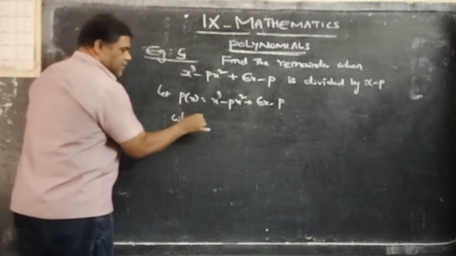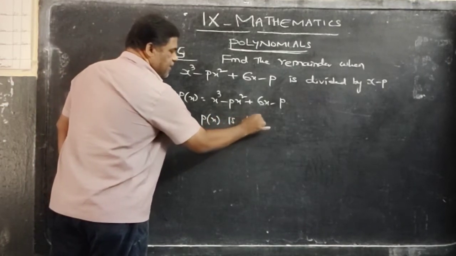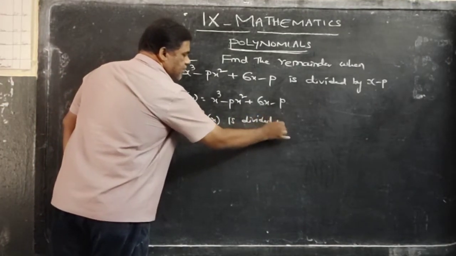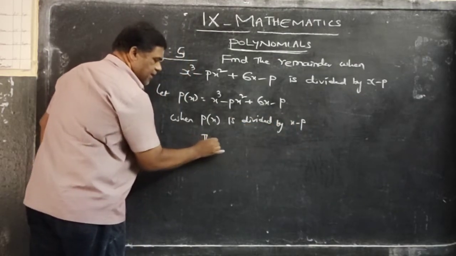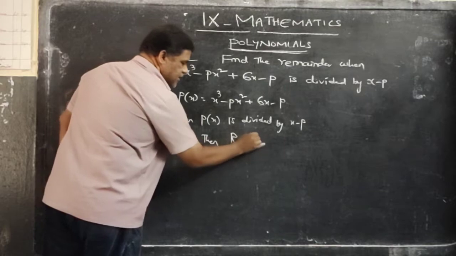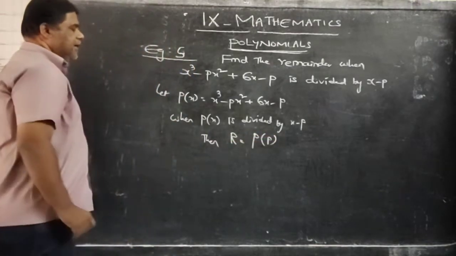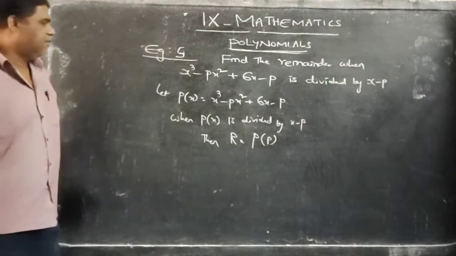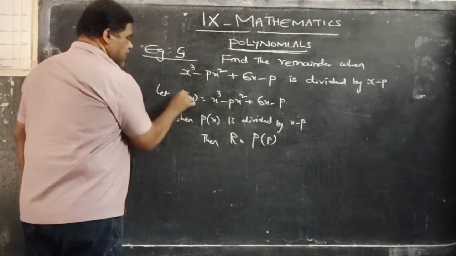So when p of x is divided by x minus p, then the remainder is p of p. It is better if you suppose the given polynomial as f of x, because p is already there in the problem.